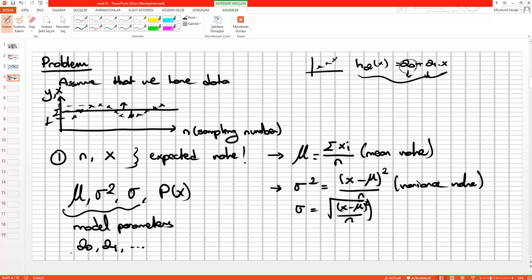We can use them to build the distribution, and from the distribution we can build the model. But this distribution must be built with the expected value, variance, and standard deviation, because it standardizes the whole data into one space, one probabilistic rate.